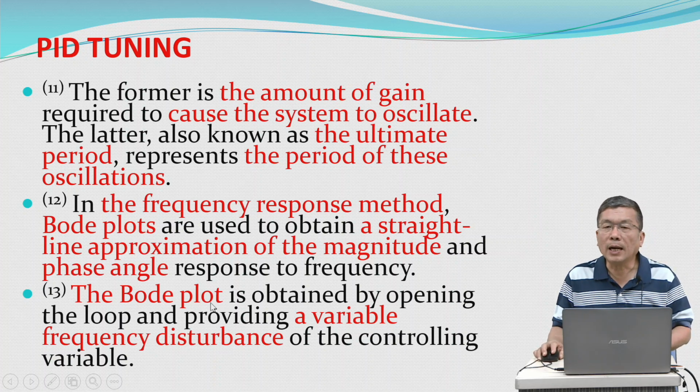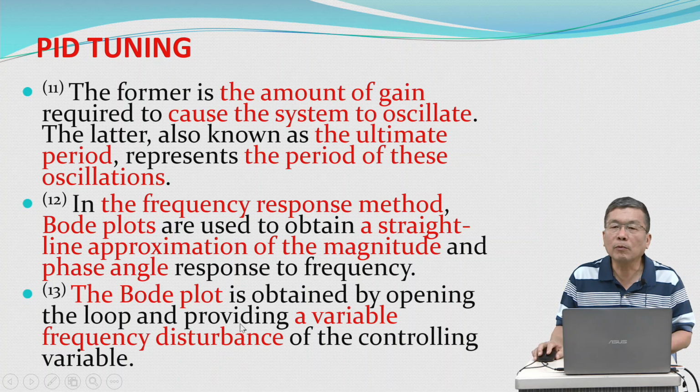The Bode plot is obtained by opening the loop and providing a variable frequency disturbance of the controlling variable.